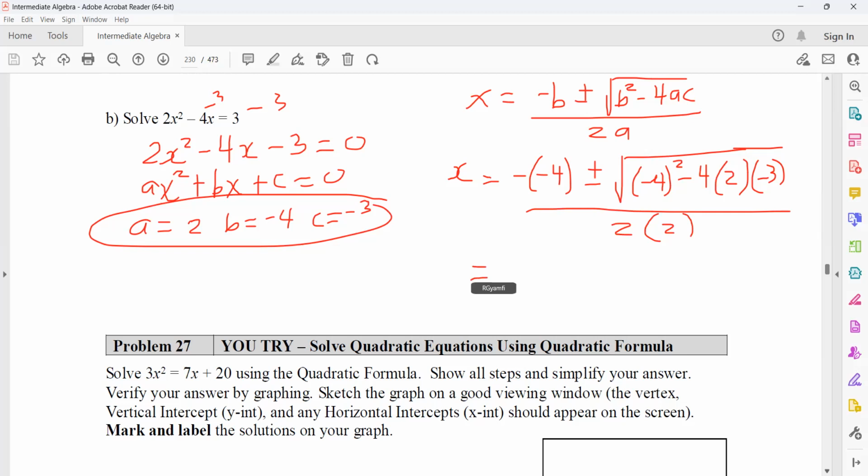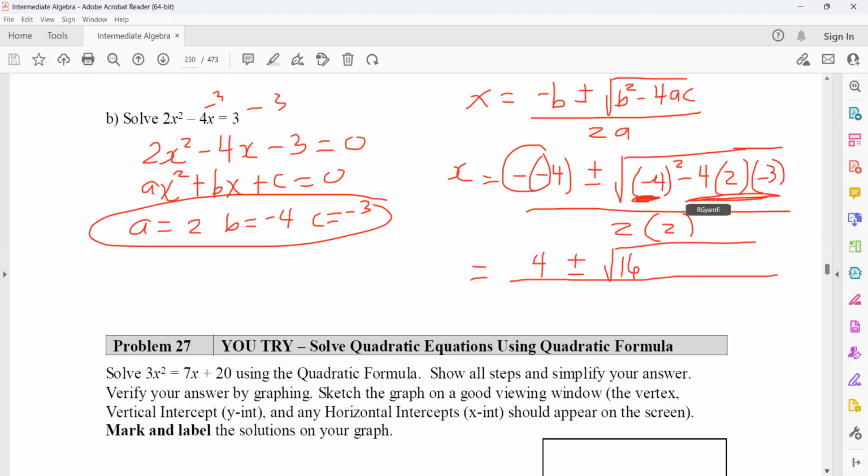So x will be equal to, now, negative times negative is positive, so I have 4 plus or minus. Now, in here, we have negative 4 times negative 4, which is 16. And then here, we have negative 4 times 2, which is negative 8. Negative 8 times negative 3, which is positive 24, all over 4.